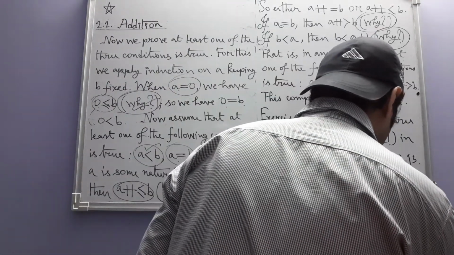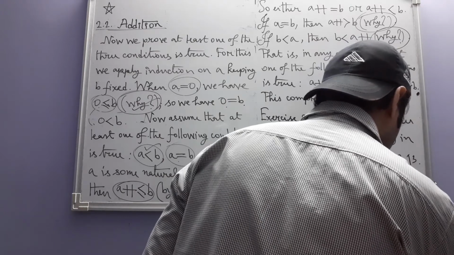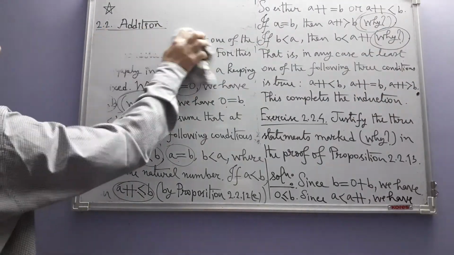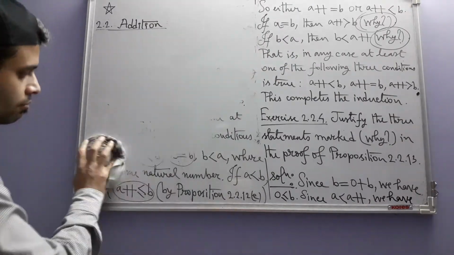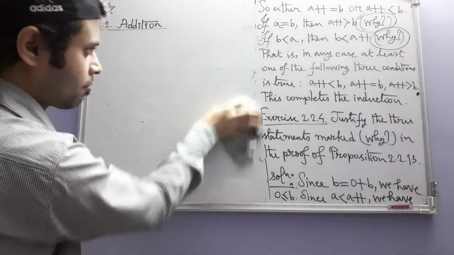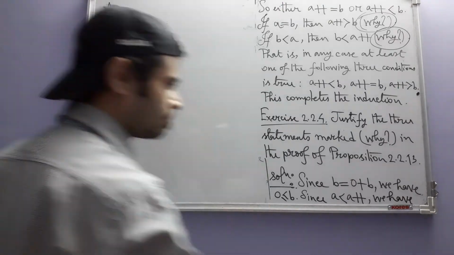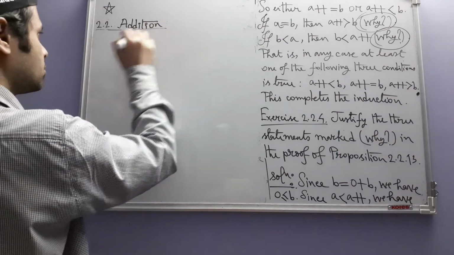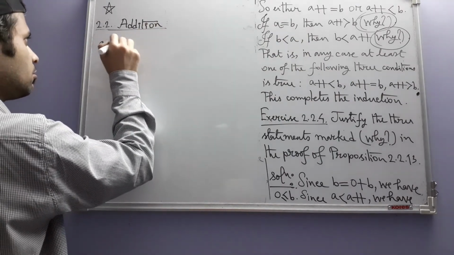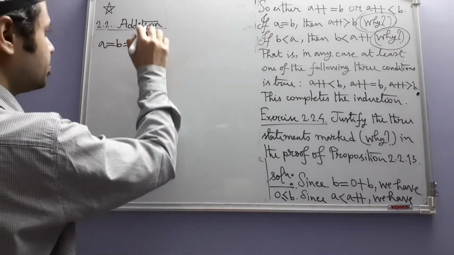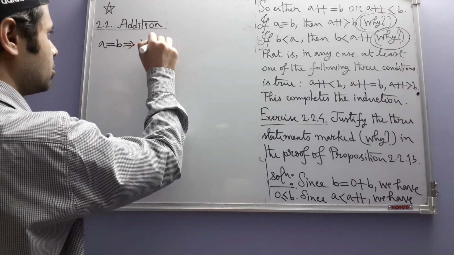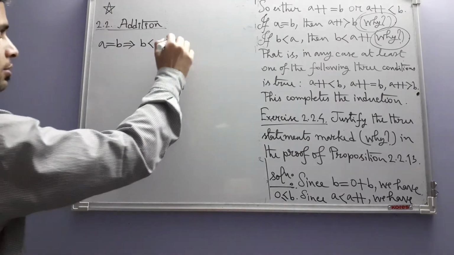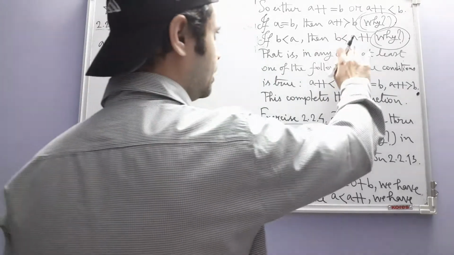Since this, we have if a is equal to b implies b is less than a plus plus, or a plus plus is greater than b, same thing. Finally, we have this point.